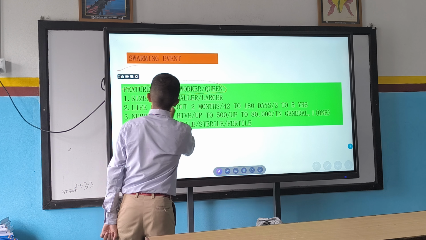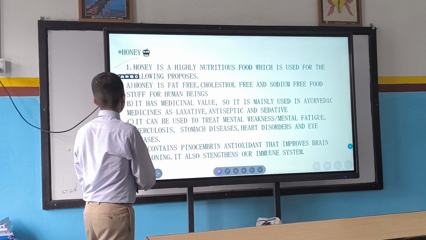Honey. Honey is a highly nutritious food which is used for the following purposes. A, honey is a fat-free, cholesterol-free, and sodium-free foodstuff for human beings. B, it has medicinal value, so it is mainly used in Ayurvedic medicines as a laxative, antiseptic, and sedative.